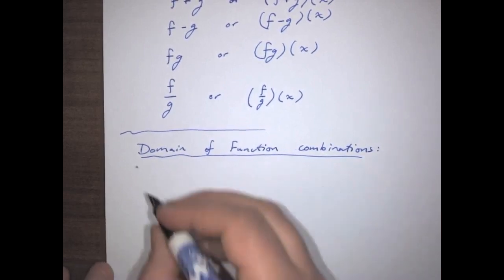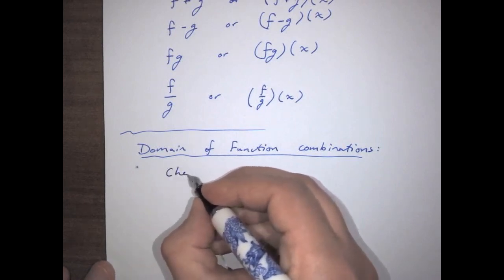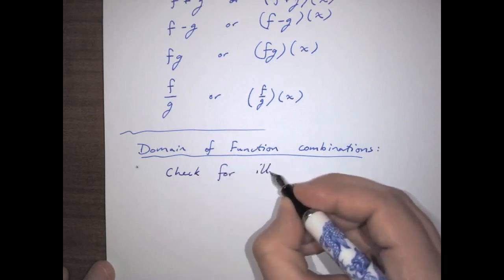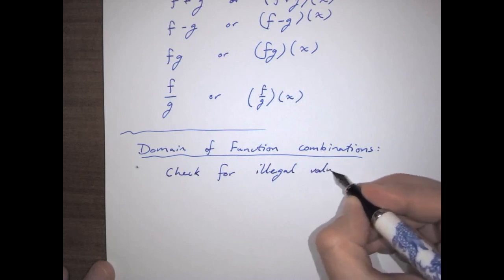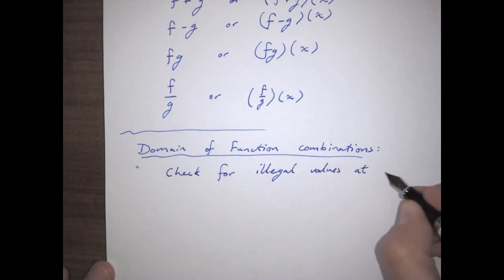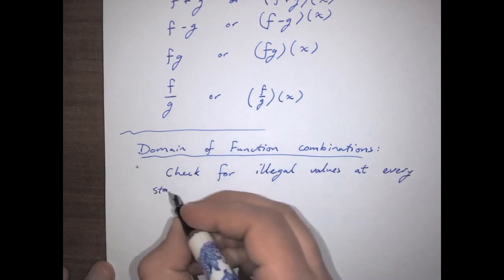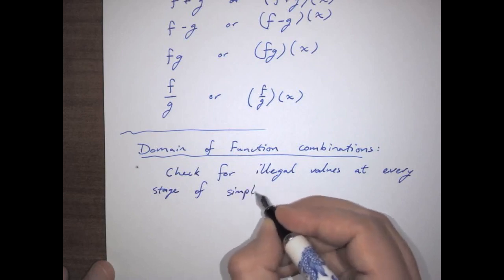So the domain of function combinations: check for illegal values at every stage of simplification.